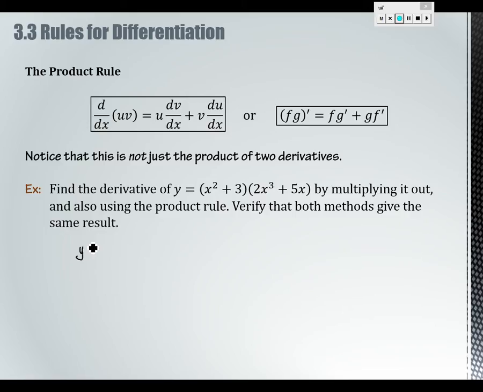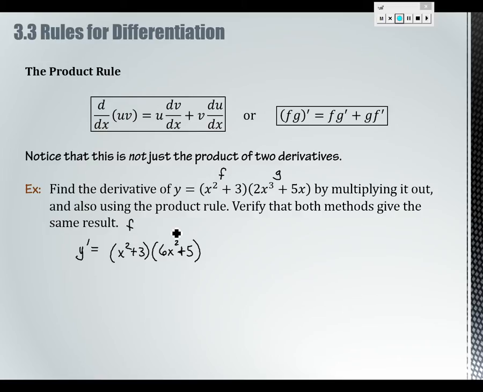So y prime is equal to the first thing times the derivative of the second thing, which is 6x squared plus 5. So far, so good. If we call this f and this g, this is in fact what we have up there, right?